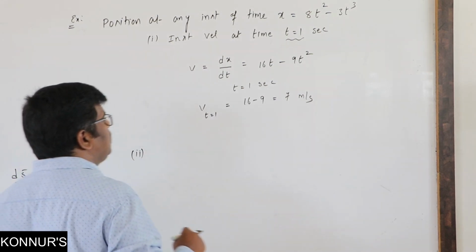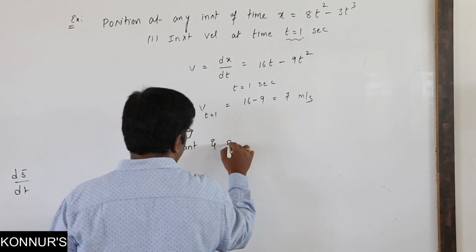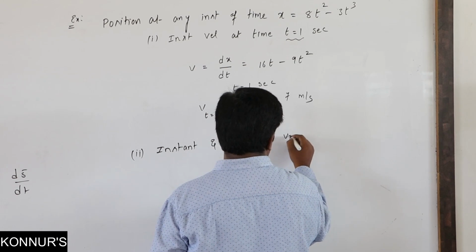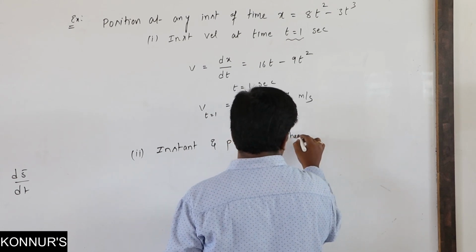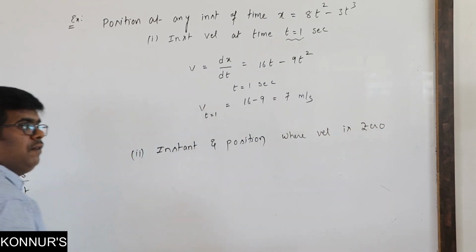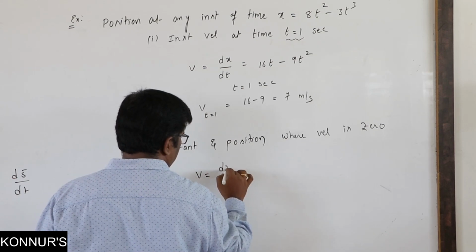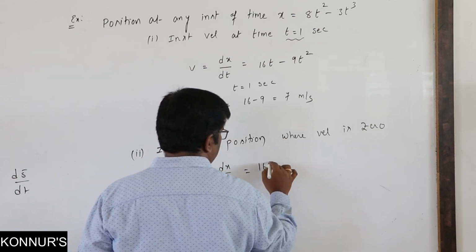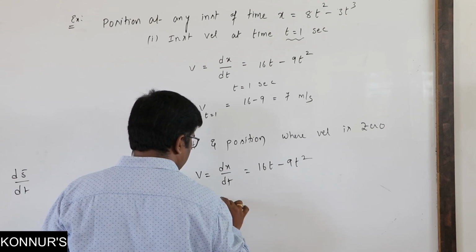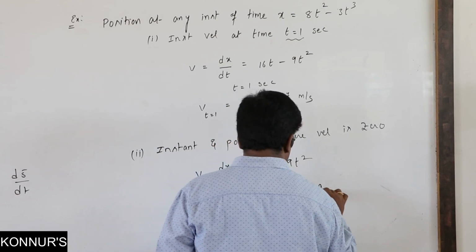We know the velocity expression: v equals dx by dt, that is equal to 16t minus 9t squared. The velocity is 0 means 16t minus 9t squared is 0, that is, t into (16 minus 9t) equals 0.